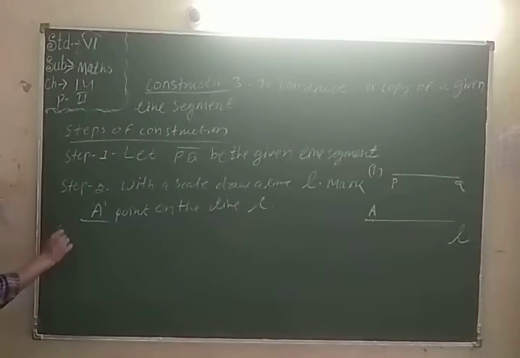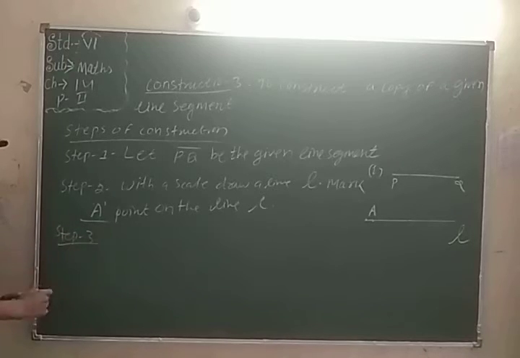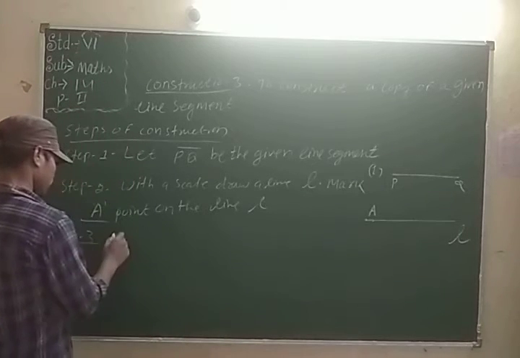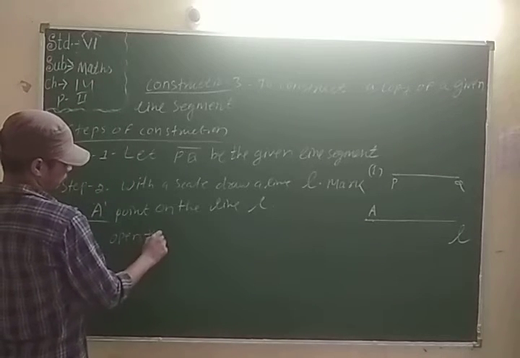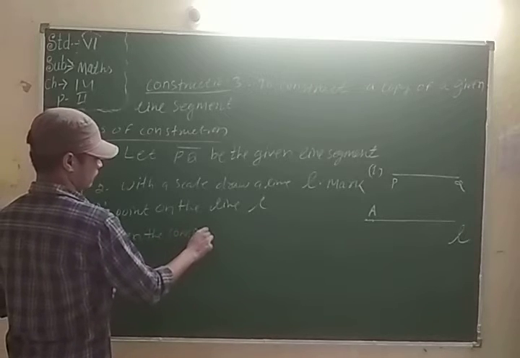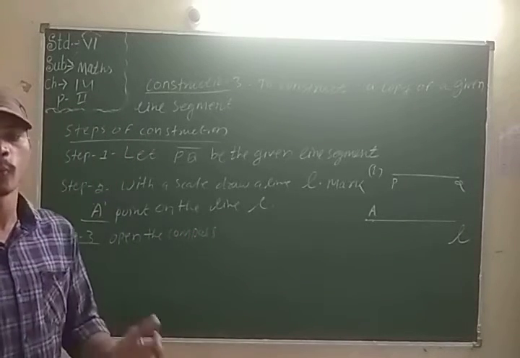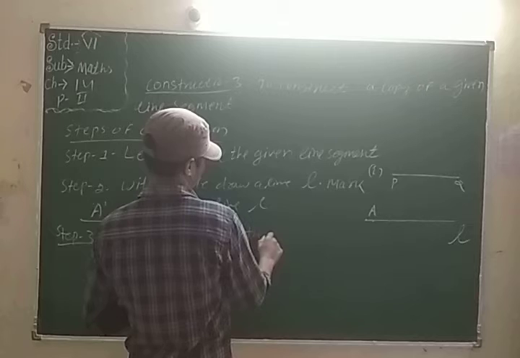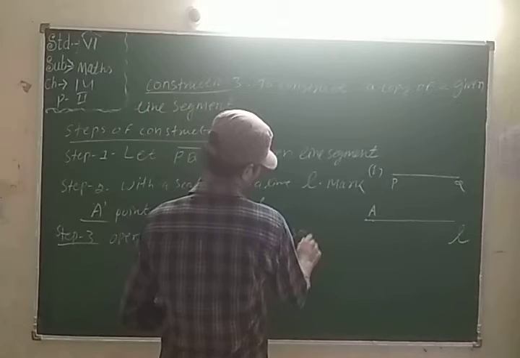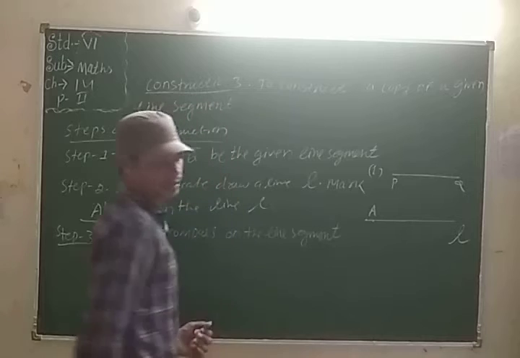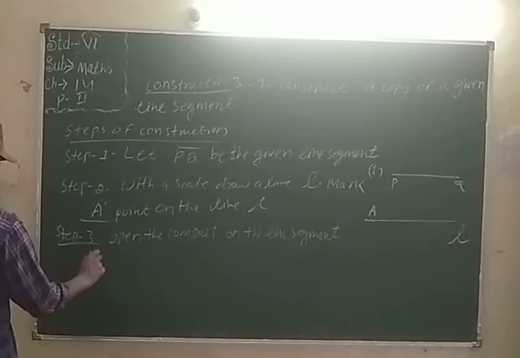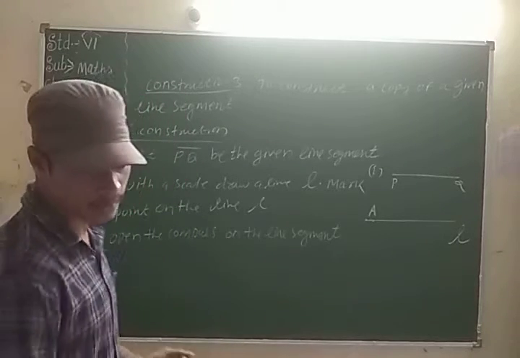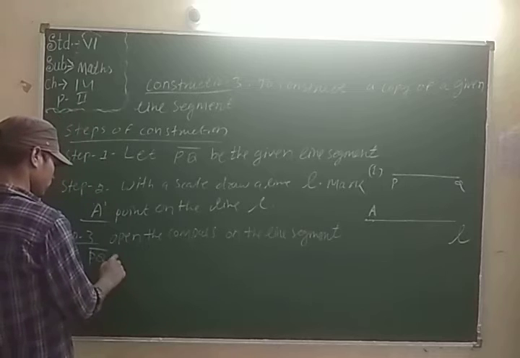Step 3: open the compass on the line segment PQ. That means we measure the length of PQ. The pointer of the compass is at P and the pencil tip is at Q.